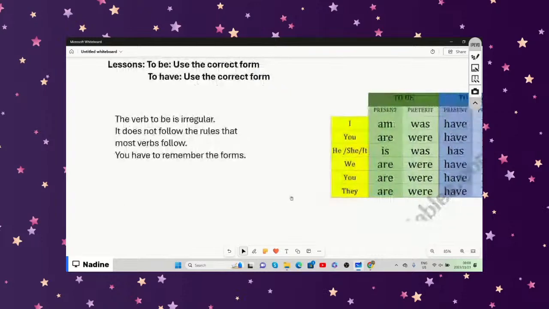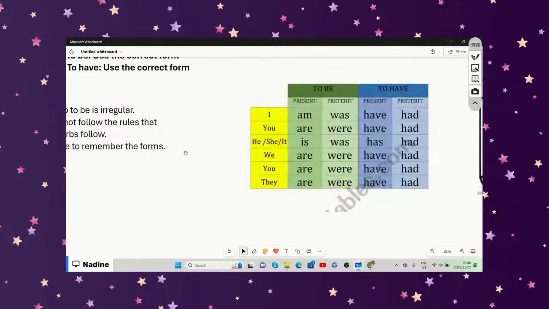And if we look at a few examples of to be, it's like, for example, saying I am in the present or I was in the past. If we use the subject you, then in the present we can say you are, and in the past we say you were.